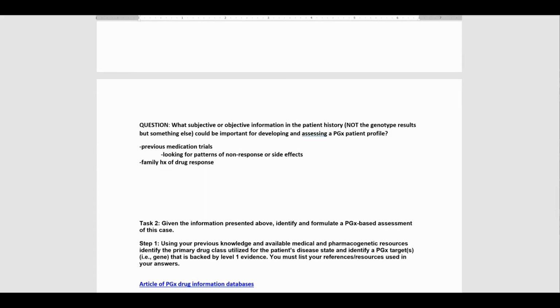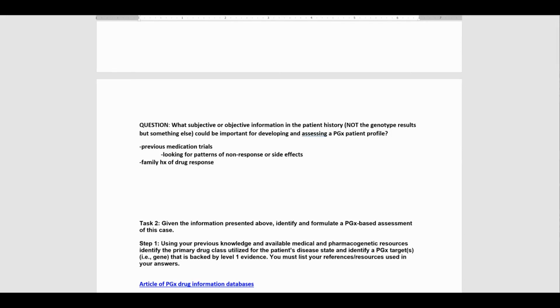Because if this person was put on all medications that were 2C19 and they experienced significant side effects, maybe this person has an issue with 2C19. Maybe if they're on all serotonergic medications and they had non-response there, maybe they have some sort of serotonin genotype dysfunction as well.